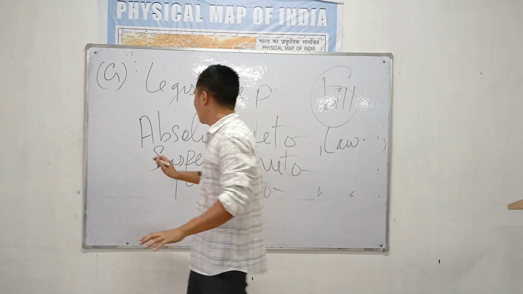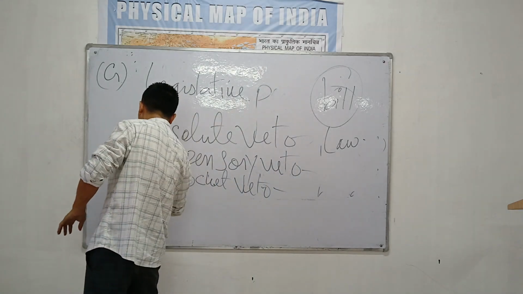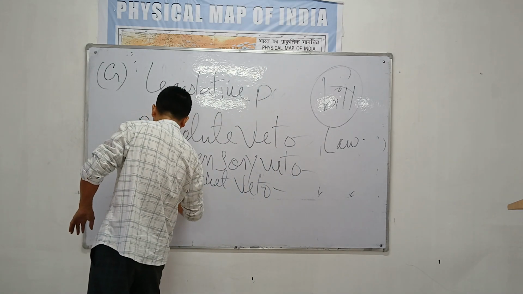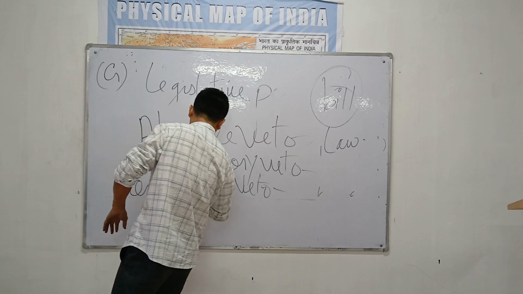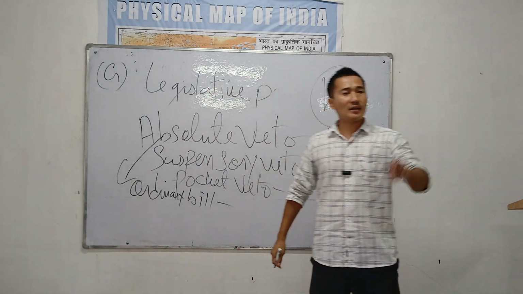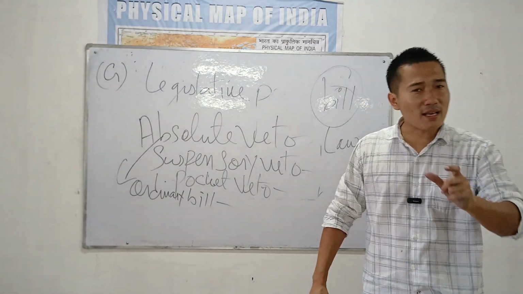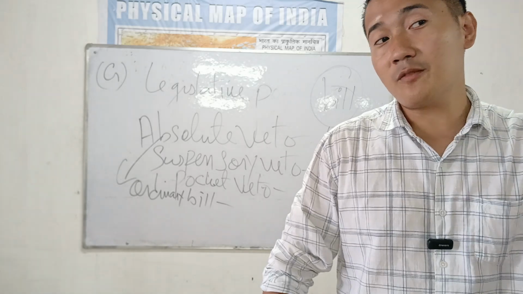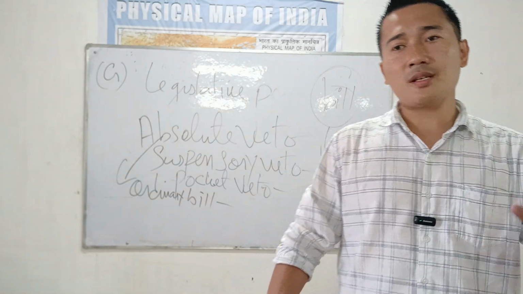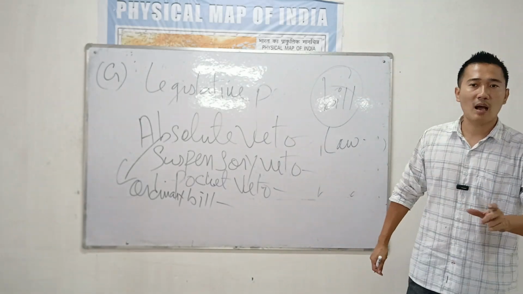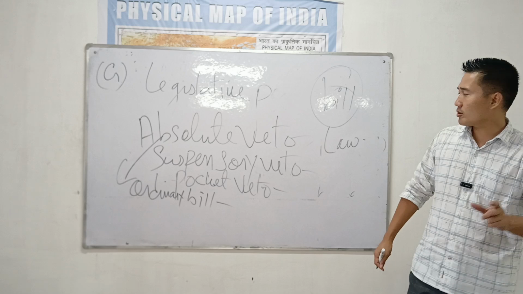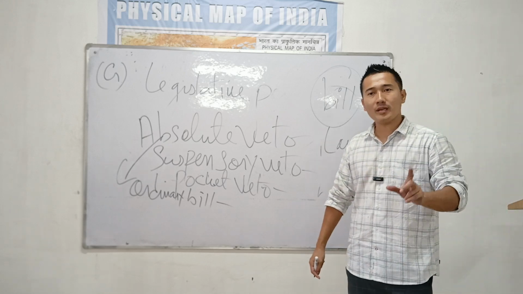Absolutely rejected. But what kind of bill can he reject? An ordinary bill. An ordinary bill passed by the Parliament is given to the President for signature, but the President says, no, I will not sign. That is known as absolute power. Totally rejected.